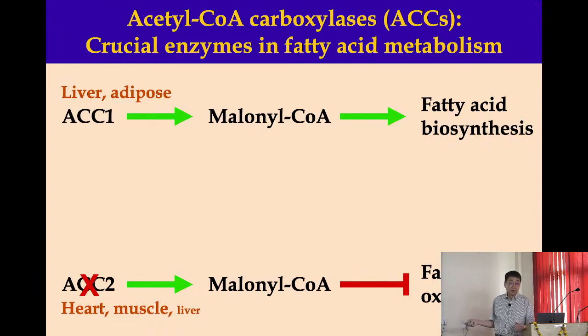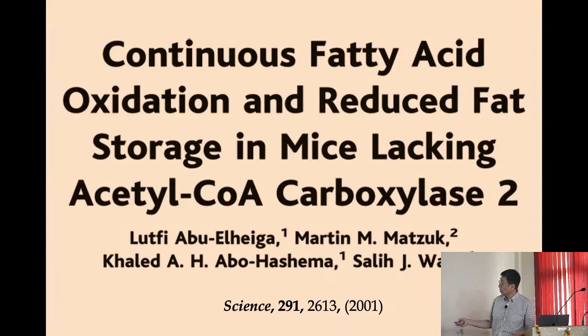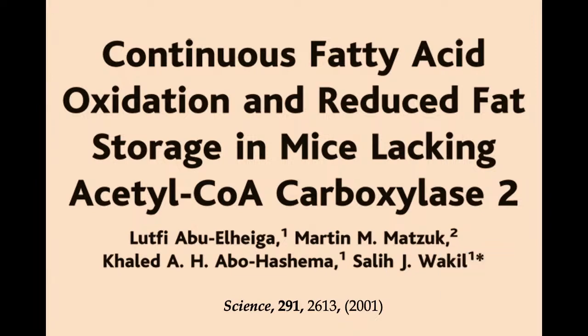So you can imagine that if you remove ACC2, you remove the inhibitor, you turn on fatty acid oxidation. And that could be good because you start burning fat. That's exactly what Salih Wakil's group observed when they produced ACC2 knockout mice, published in 2001.